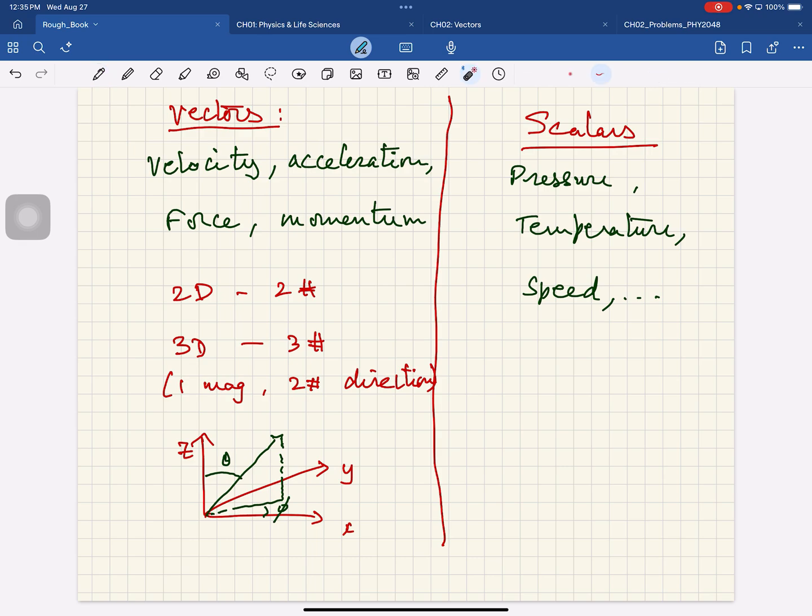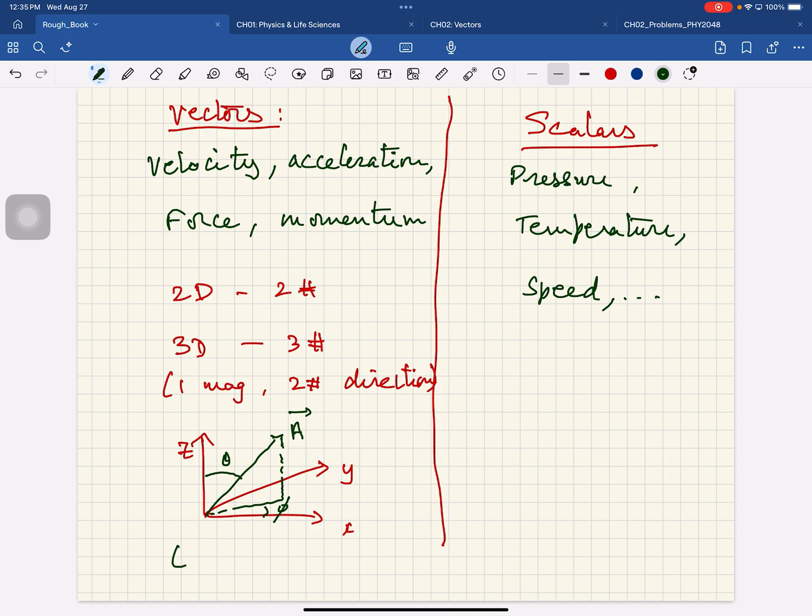So to specify this vector, you give its length, and if you give me these 2 angles, I know exactly what vector you're talking about. The notation for vectors is a capital letter with an arrow on top, or a small letter, it doesn't matter.